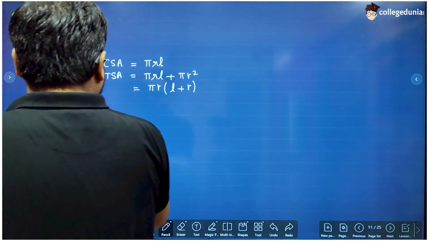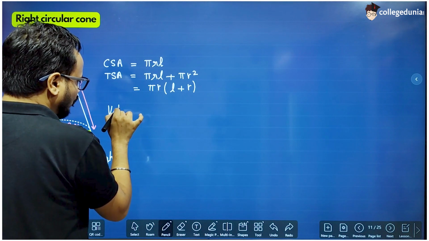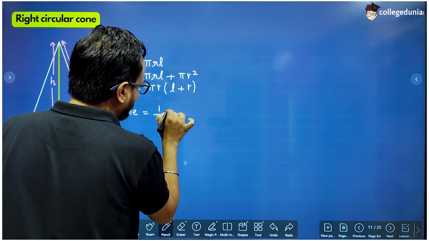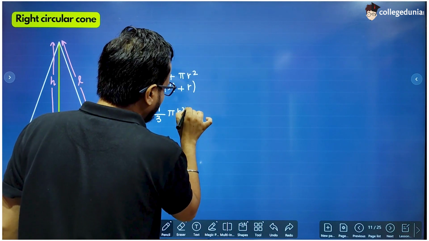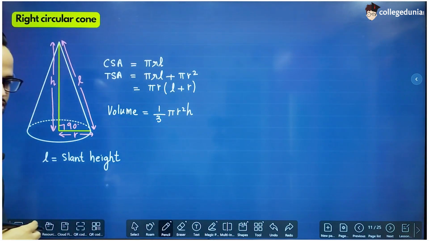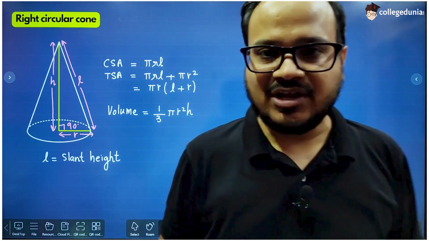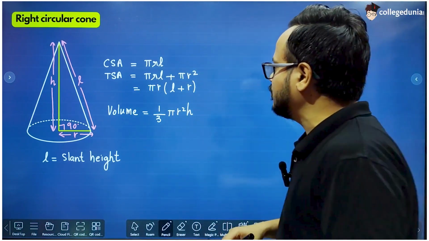What is the volume of the cone? The volume of the cone is 1/3 pi r square h. And we also need a relation between h, r and l, because sometimes only two parameters are given in the question and we need the third one also.